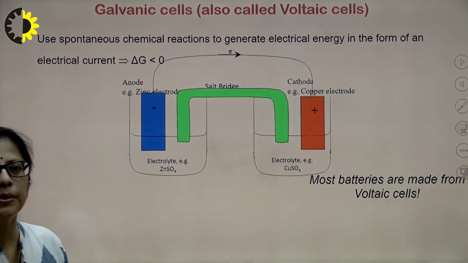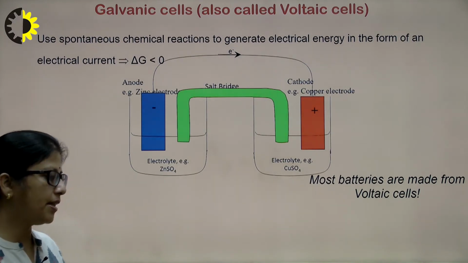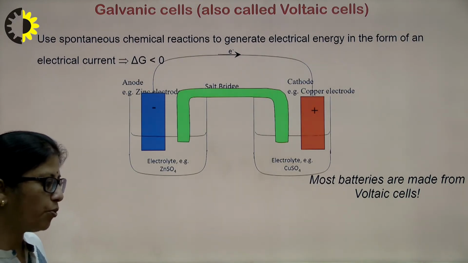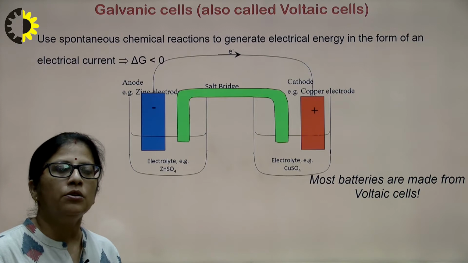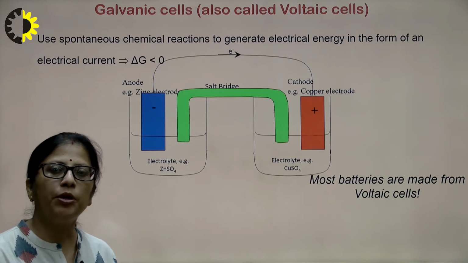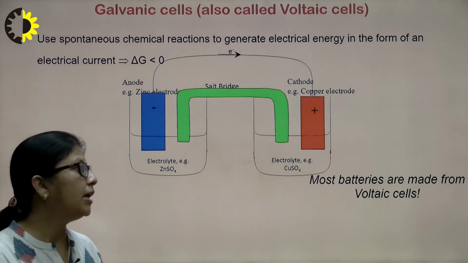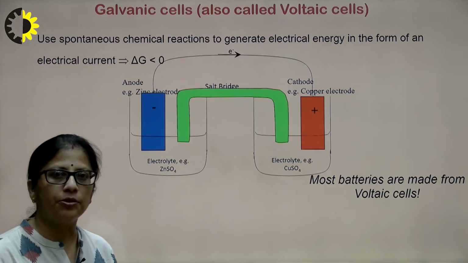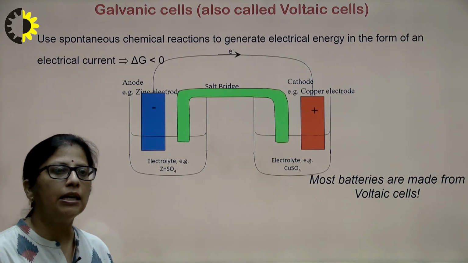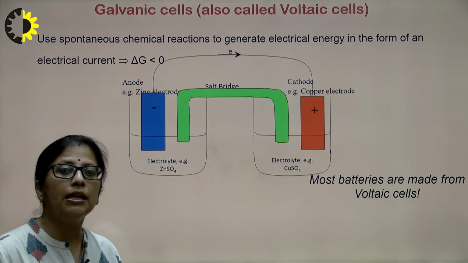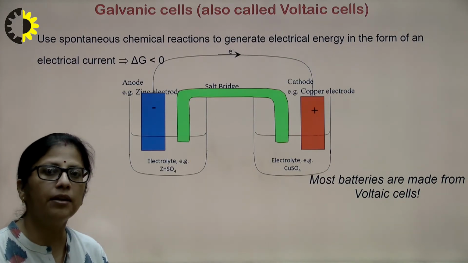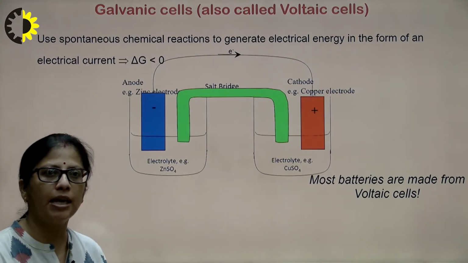Now, coming to the galvanic cells, which are also known as voltaic cells. Galvanic cells produce electric current by a redox reaction, and a typical galvanic cell is the Daniell cell. So, here I have taken the example of a Daniell cell.